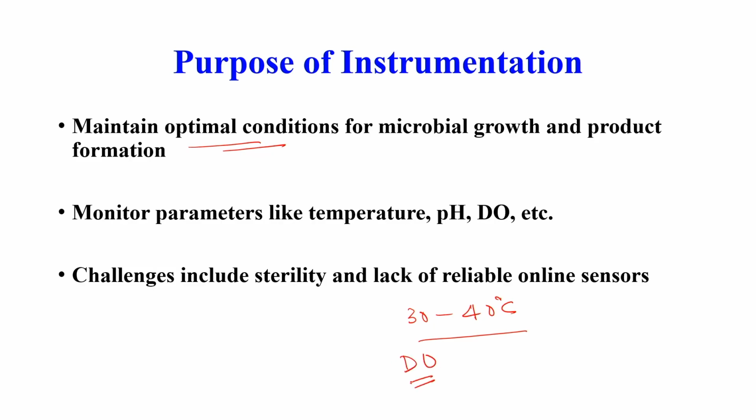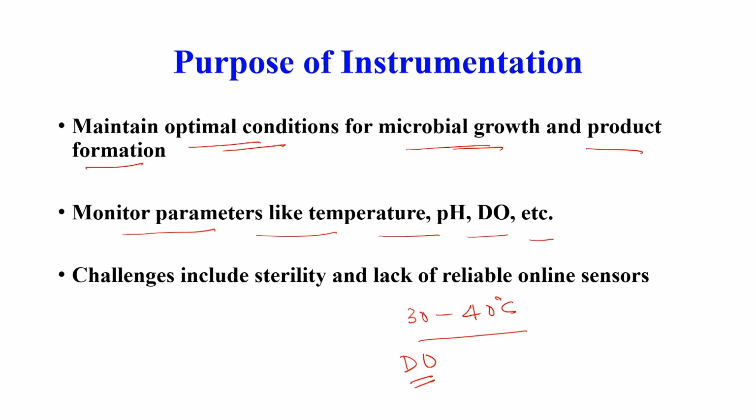If you know the DO, then only you can ensure that a sufficient aeration rate is being maintained. The whole idea is to maintain the optimal conditions required for your bioprocessing, for example microbial growth, substrate utilization and product formation. So, how can we maintain the optimal condition? For that we need to monitor parameters like temperature, pH, dissolved oxygen and others.